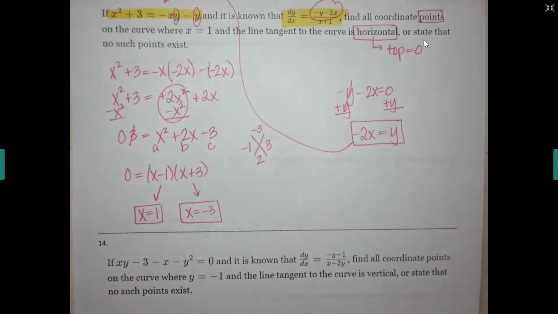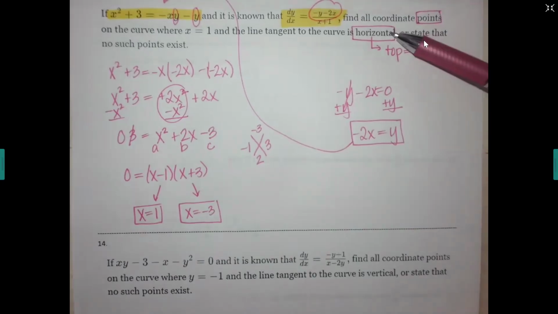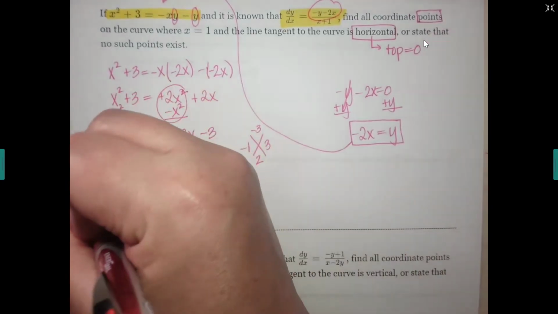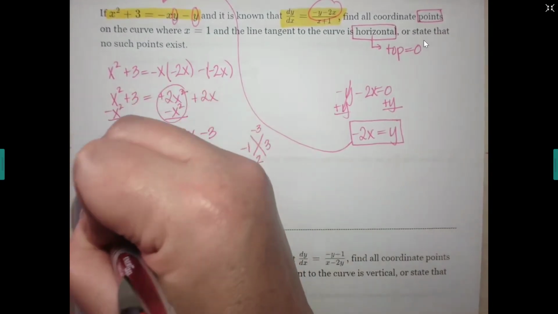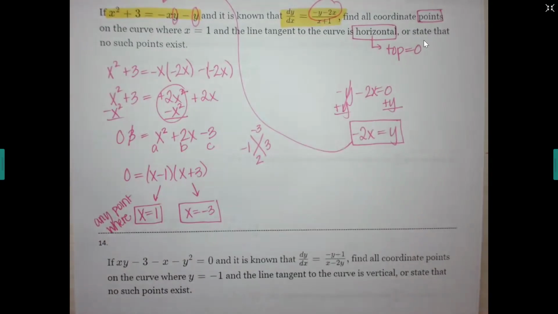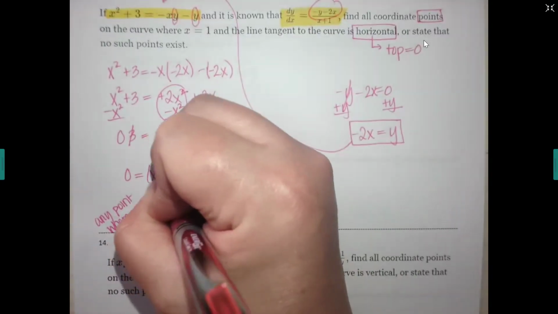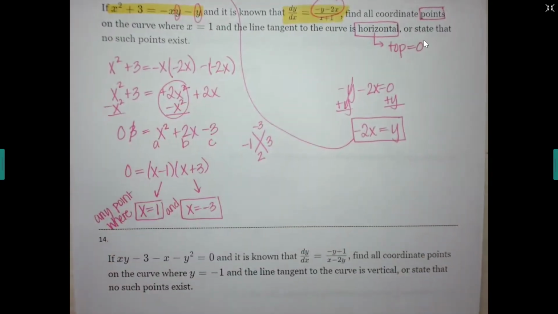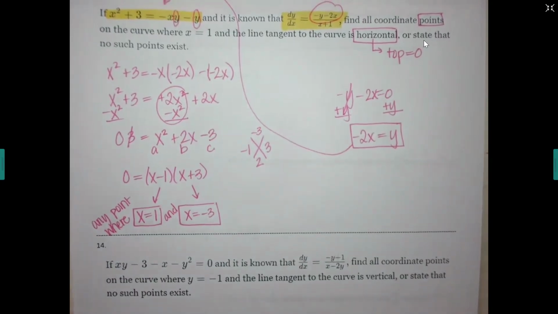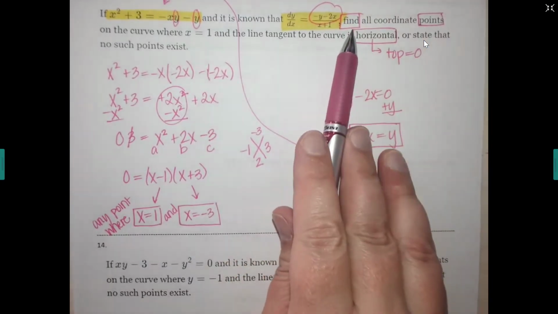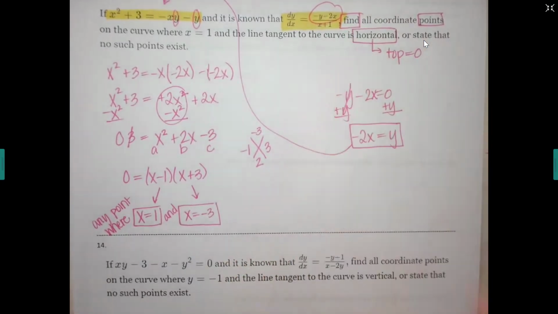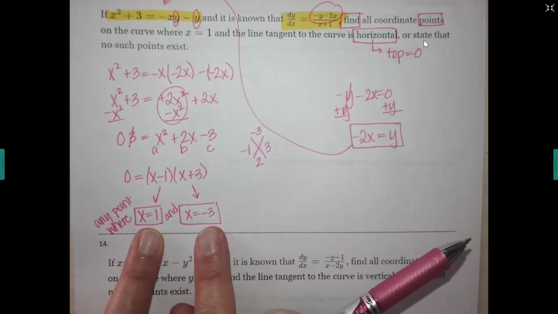So my graph is going to be horizontal for any point where my x is a 1 and any point where my x is a negative 3. Then it tells me to find the points, not just to describe them. So if I'm wanting to find the coordinates, this information is not enough.